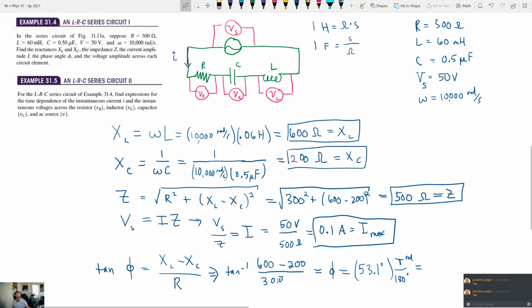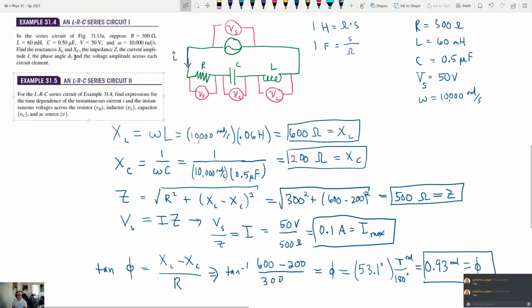What do you get if you convert to radians? .93. Yeah. So we always want the phase angle to be in radians because omega is always in radians per second, right? True. Okay, so there we go. That took up the whole screen, so for this next part, we'll just keep moving down.